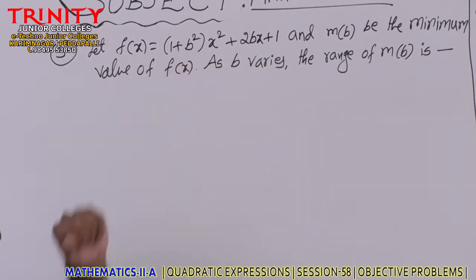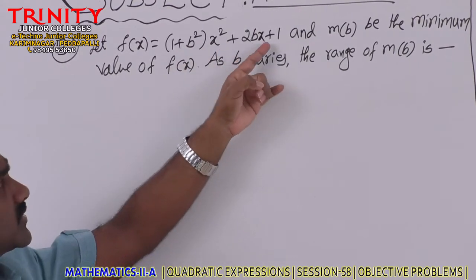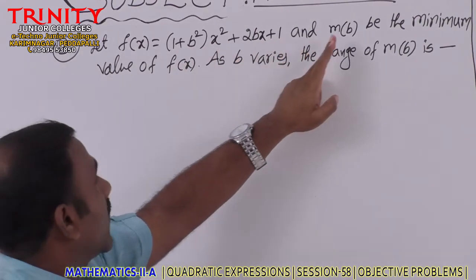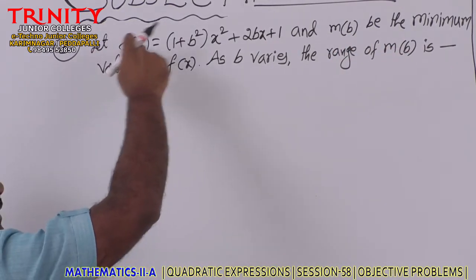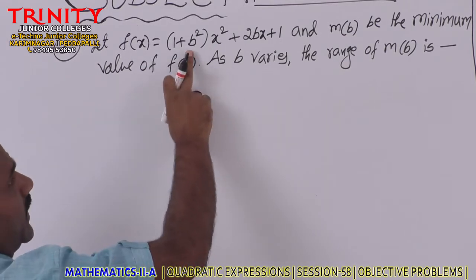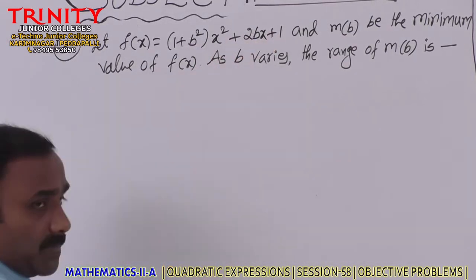Let f of x be equal to 1 plus b square into x square plus 2bx plus 1, and let m of b be the minimum value of f of x. This is a quadratic expression, ax square plus bx plus c.